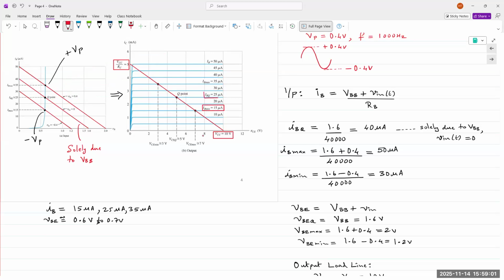15, 25, and 35. We are almost there, almost done.